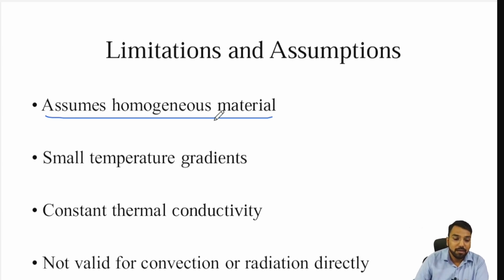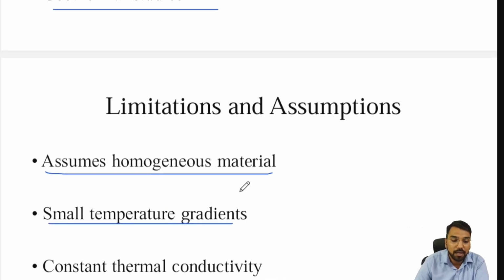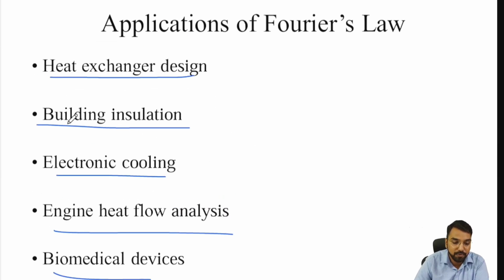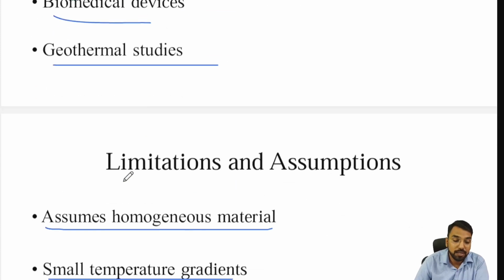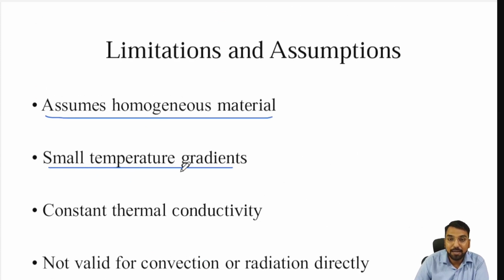Okay, there will be a small temperature gradient. Just before, we have seen examples like building insulation or electronic devices, and you can take any example. In these examples you have seen that the temperature gradient is not large. Okay, in which cases will the temperature gradient be larger? When the length or distance is also larger.